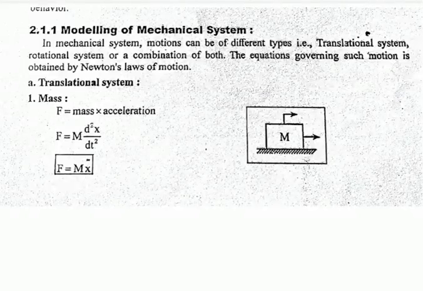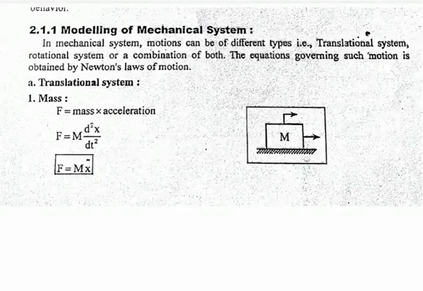In mechanical systems, motion can be of different types, which we already discussed. Those are translation systems and rotational systems, or sometimes a combination of both. As I already told you, a system is said to be mechanical if it has translation motion or rotational motion.